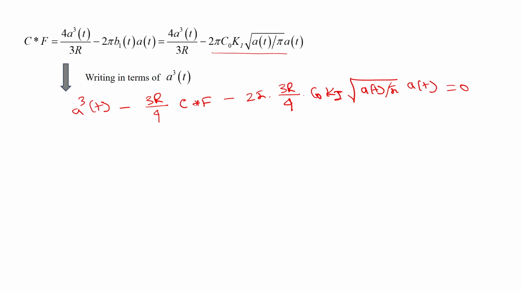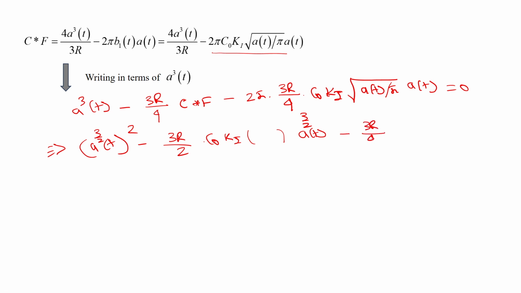So what we have is actually A to the power 3 by 2, t square, minus 3R by 2 into C0 and then K of I, and this is some function, this is A of t to the power 3 by 2, and then minus 3R by 4 into C star df.